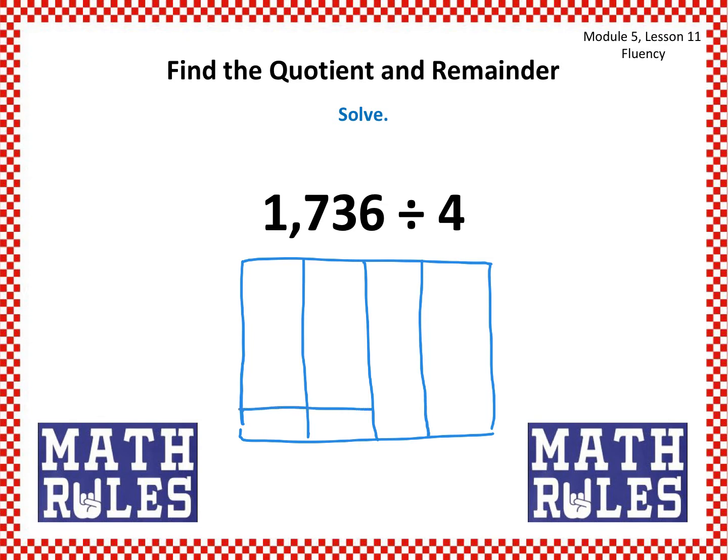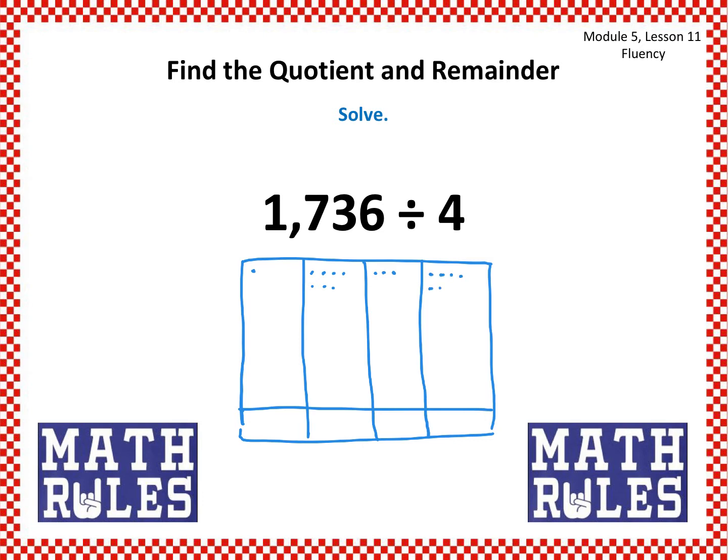So I'm going to use just 1 along the bottom, and I have 1,000. I have 700. And again, I'm putting them in 4s because I want to work in those 4s. I have 36 here, so no more 4s, and I have 6 here.